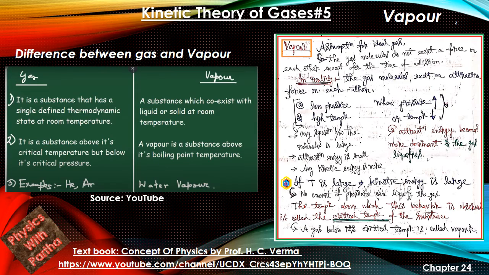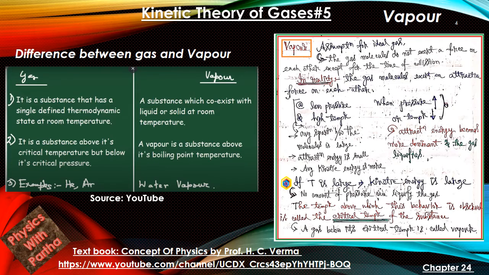When we assumed some postulates for the ideal gas, we assumed that the gas molecules do not exert a force on each other except at the time of collision. But in reality, the gas molecules, assumed to be hard spheres, exert an attractive force on each other.